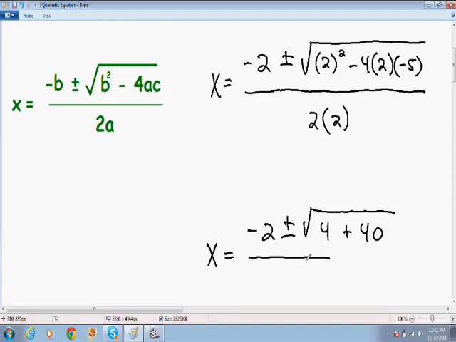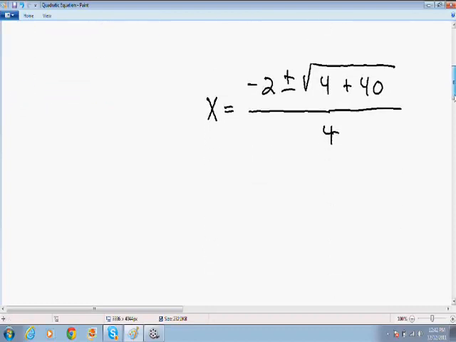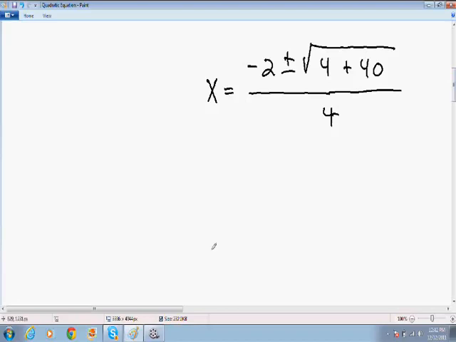And all of this is divided by 2 times 2, which is 4. Now I'm going to simplify the square root even more. The equation becomes x equals negative 2 plus or minus, and 4 plus 40 is 44, so the square root of 44.